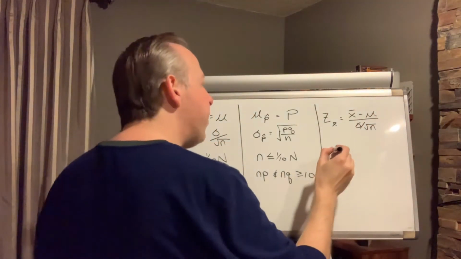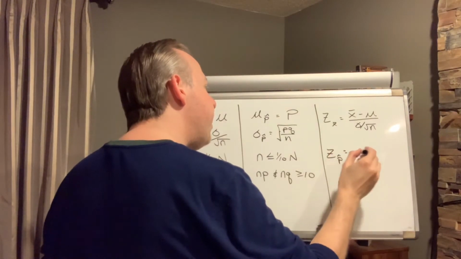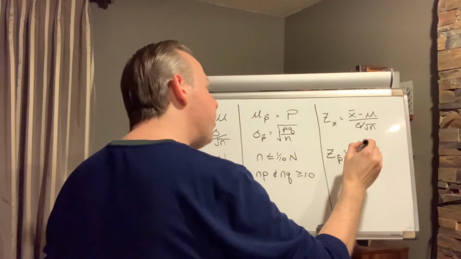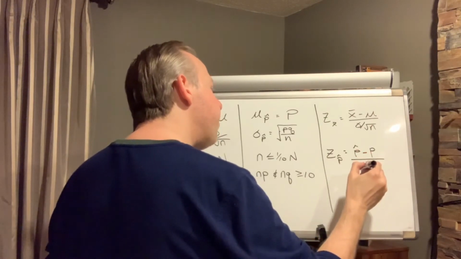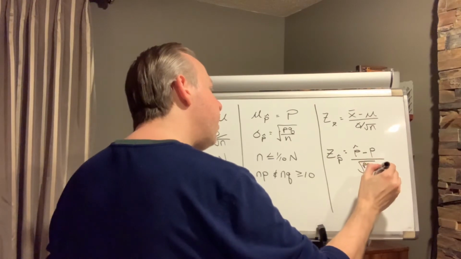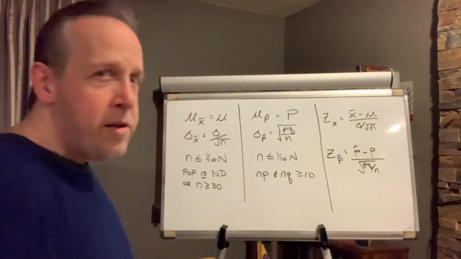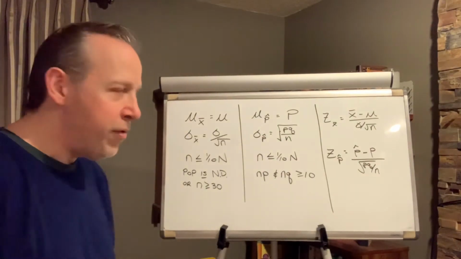And similarly, if I want to find a z-score for a sample proportion, it's the sample proportion I'm looking for minus the population proportion divided by the square root of p times q over n. These are the important formulas to use for these concepts.